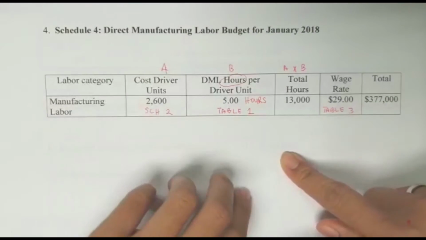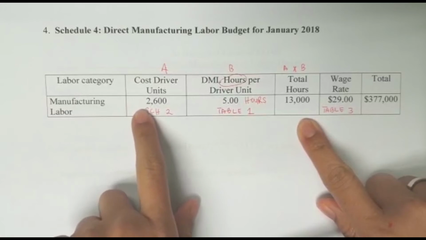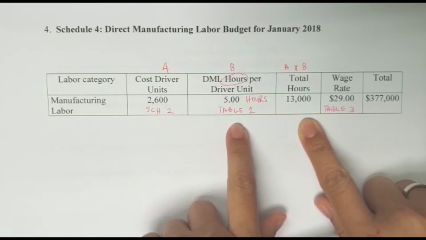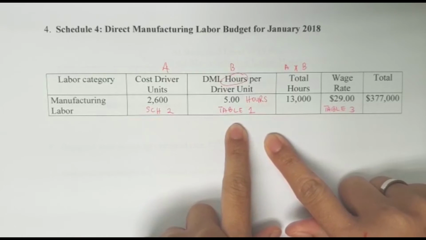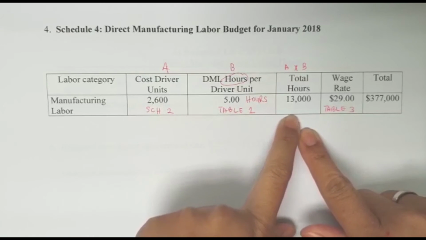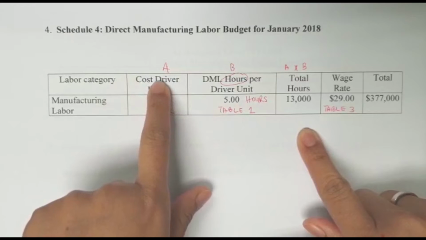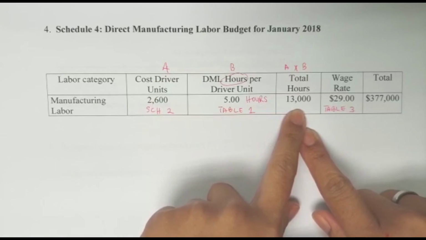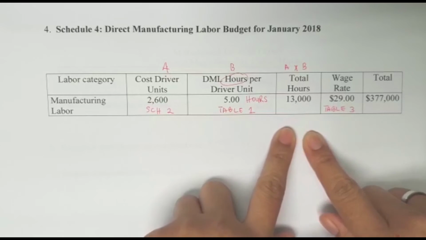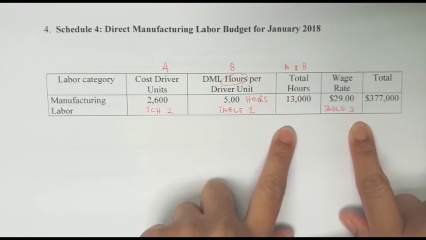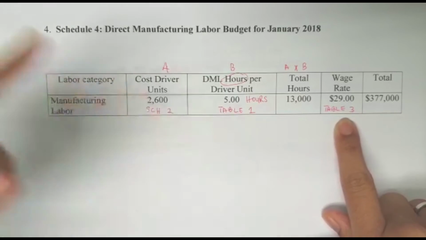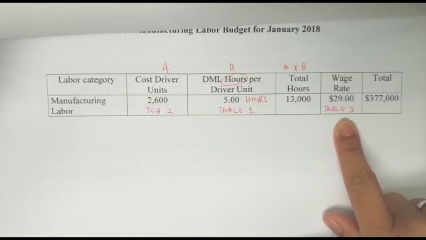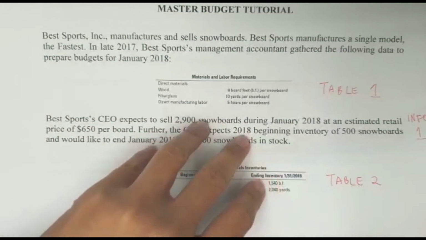And total hours would be, because the production is 2,600 and the hours is 5 hours per board, the total hours will be 13,000. So A, we have to times with B. This figure times this, we get 13,000 hours. And the wage rate per hour is $29 as we can see in table 3.